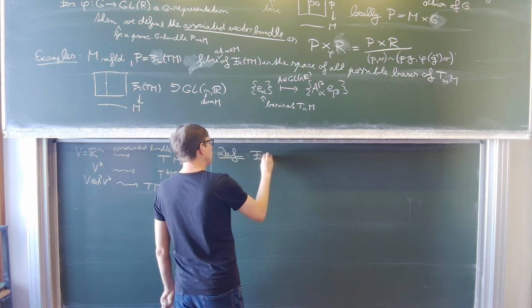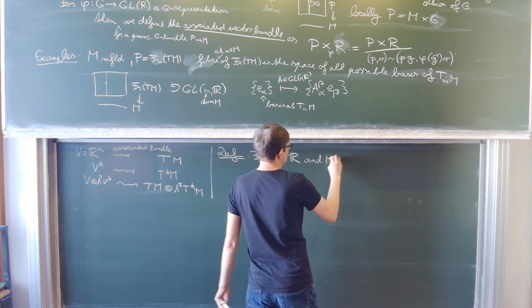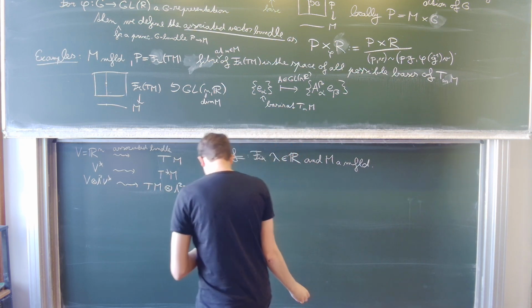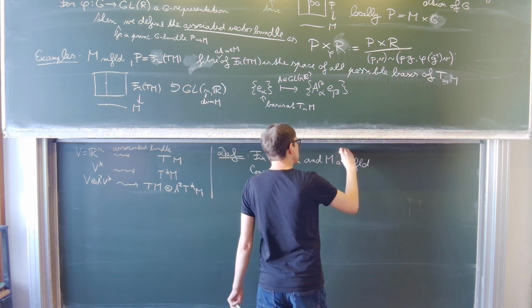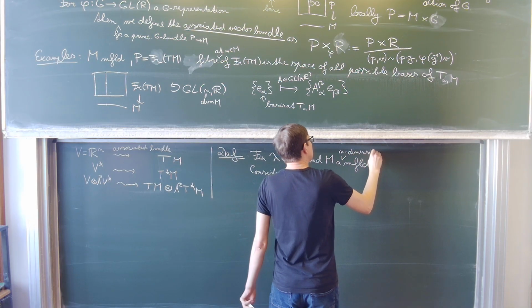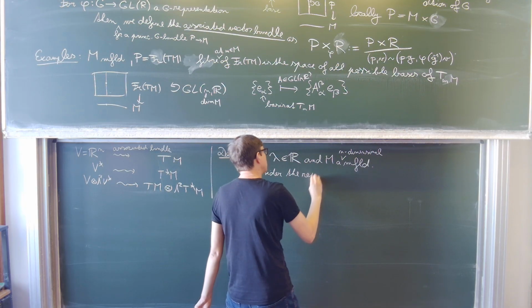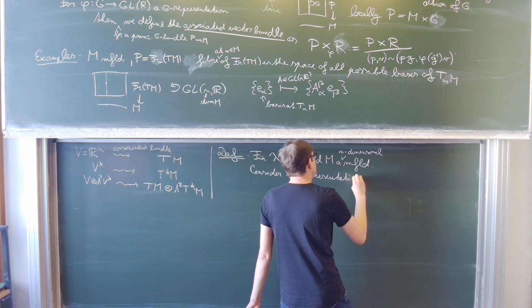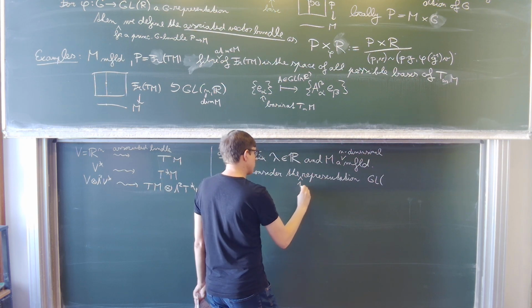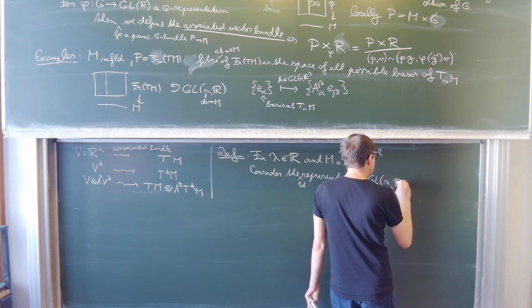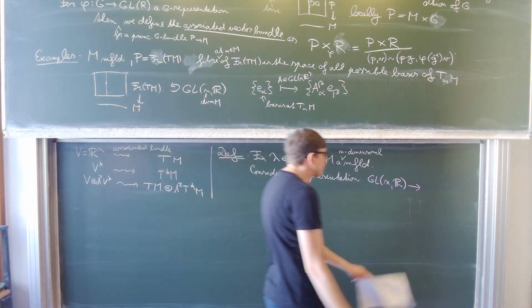Fix a real number lambda and an n-dimensional manifold M. Now we consider the following representation, which will be one-dimensional, going from GL_n(R) into the general linear group of a vector space. In this case I will take my vector space to be R.